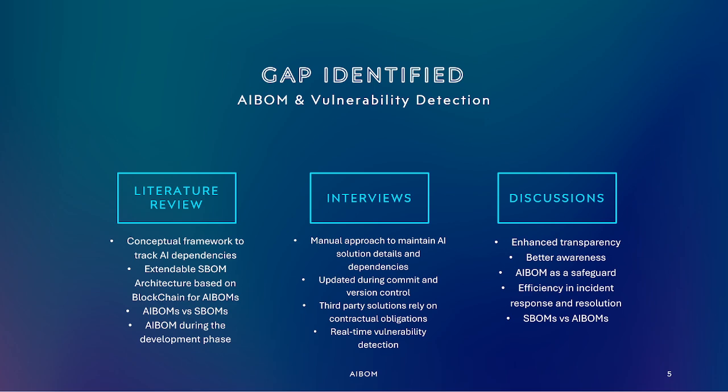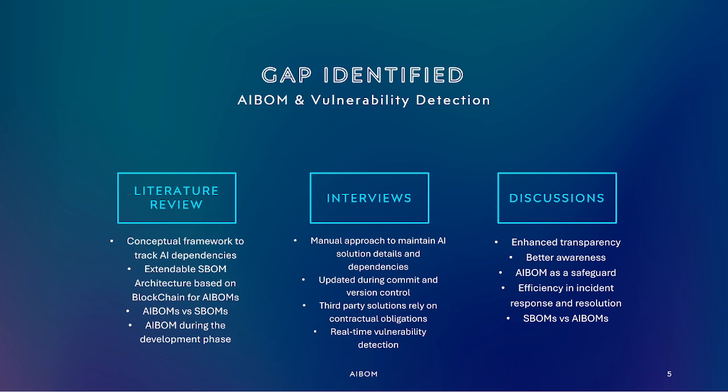And then there is also the approach of updating these bill of materials at the commit and version control stage of the solutions itself. That was also through a content management system that they were using.